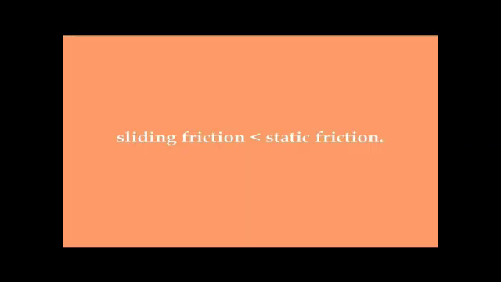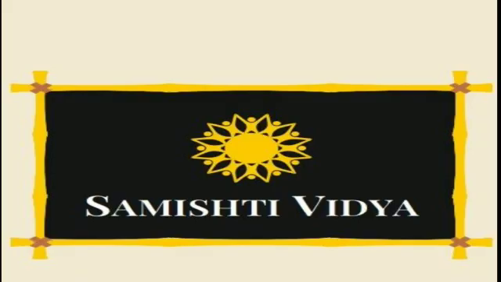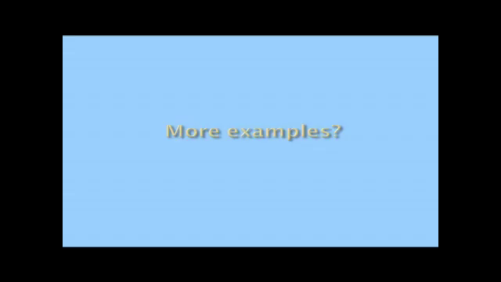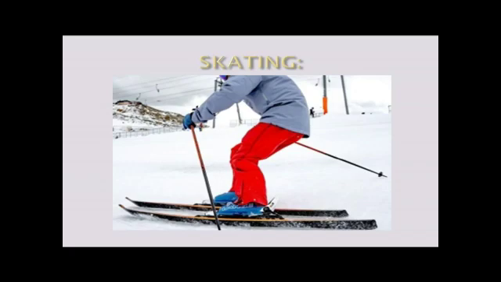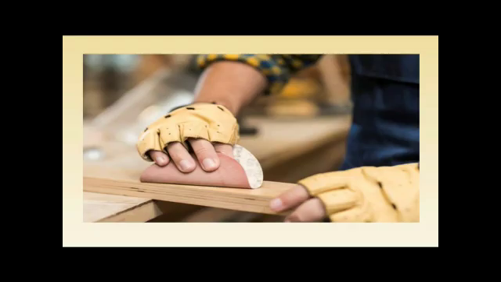Thus, sliding friction is less than static friction. Can you give some more examples for sliding friction in your daily life? Sliding on a slide, skating, polishing a surface with sandpaper, etc.